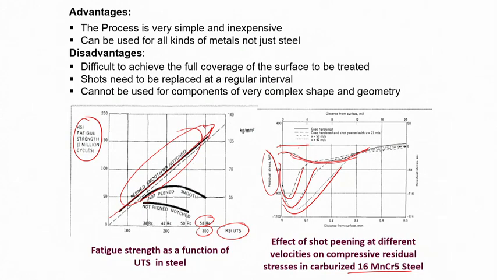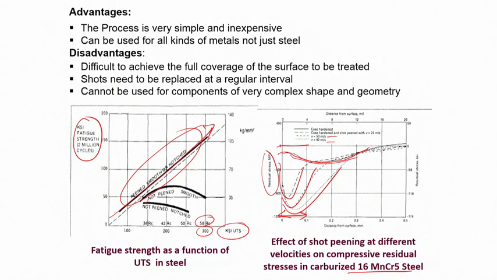So at higher and higher levels of peening velocity, you develop much higher residual stress. But what is even more important is that the state of stress is confined to a very shallow depth from the surface. So you leave most of the bulk unaffected, only the near surface region is affected, which can be just about 100 micrometers or less.